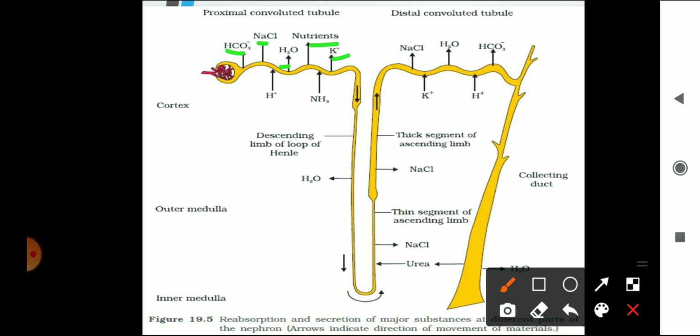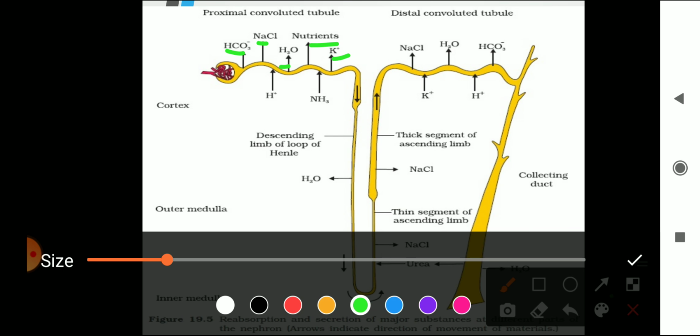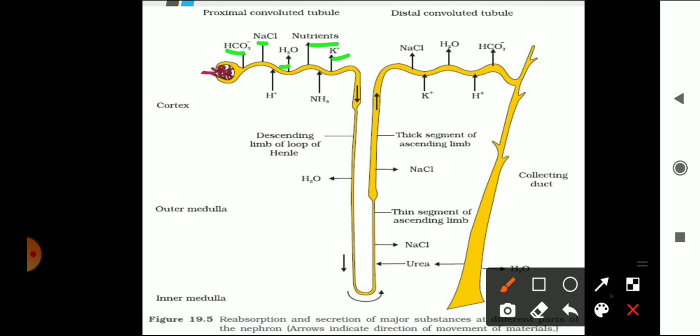All these substances, that is bicarbonate, sodium chloride, that is electrolytes, water and nutrients, will be reabsorbed from the glomerular filtrate. The glomerular filtrate is the filtrate which gets filtered, and it will be moving through the inside of the tubule.